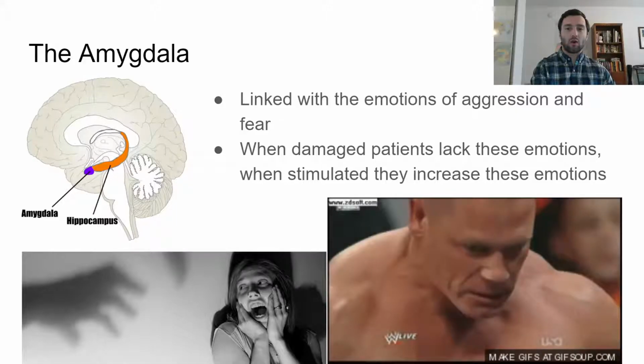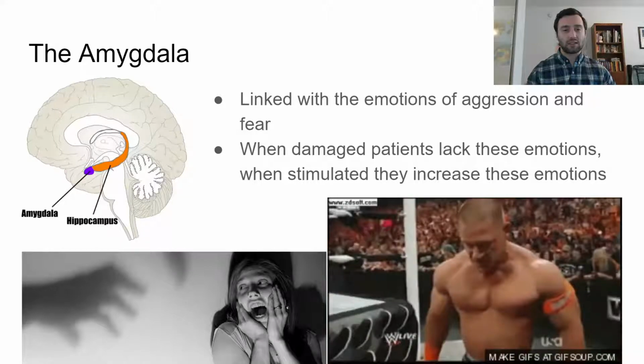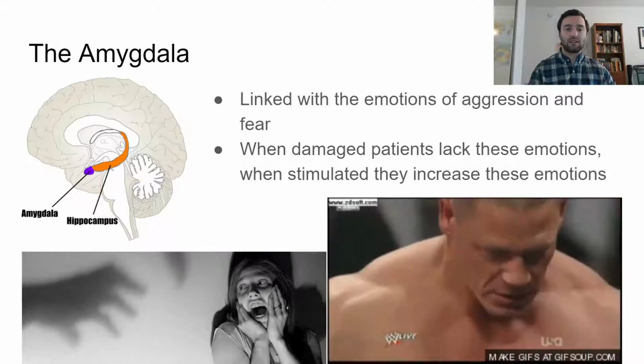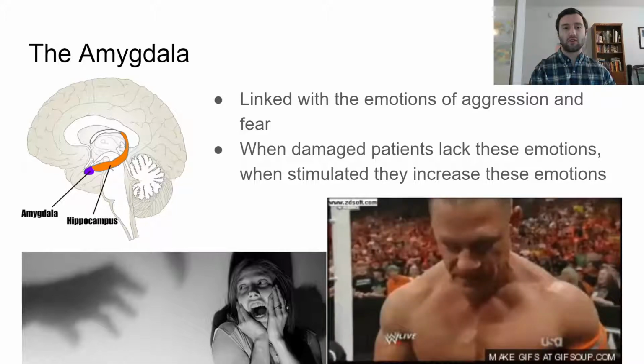We can also see the opposite. When we stimulate these areas, they've done experiments where they stimulated the amygdala in certain mammals, and what they see is that they become aggressive or become fearful. So again, the amygdala is connected with fear and with aggression.